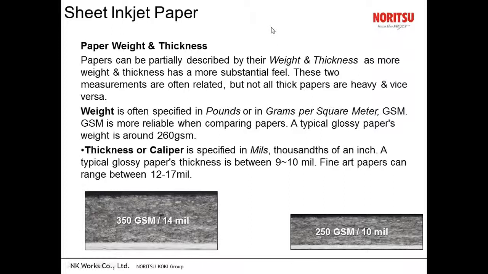We do talk about the weight of the paper in pounds or grams per square meter. The term pounds tends to be used when we're talking about a non-imaging paper, such as photocopier paper. Then they would talk about the weight or the pounds of the paper. We don't really talk too much about the weight of the paper in silver halide or inkjet. We're more concerned with the thickness of the paper itself.